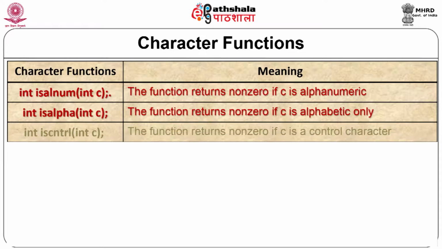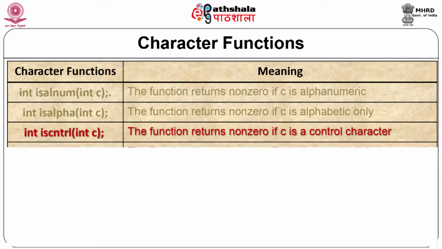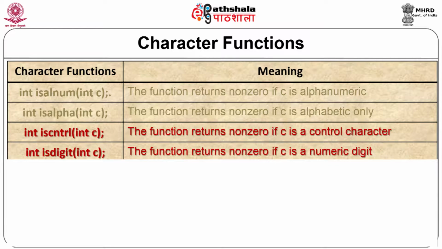The third character function is iscntrl. This function returns a non-zero value if c is a control character. The fourth character function is isdigit. The function returns a non-zero value if c is a numeric digit.